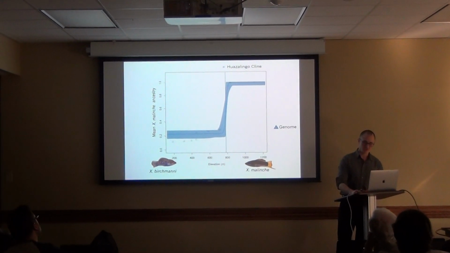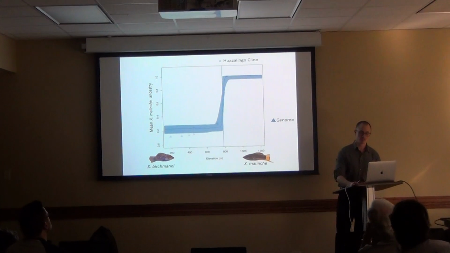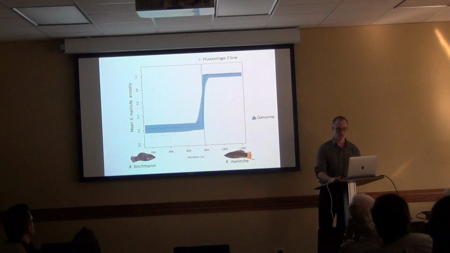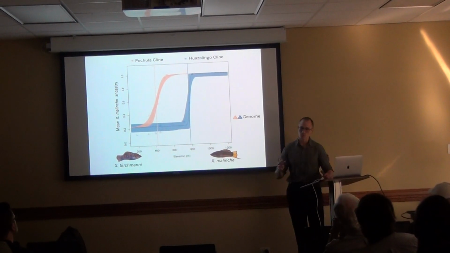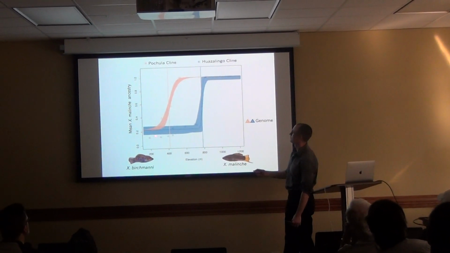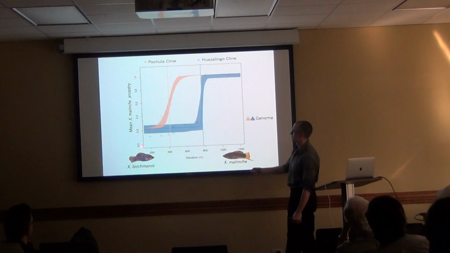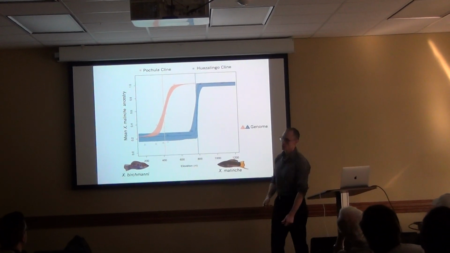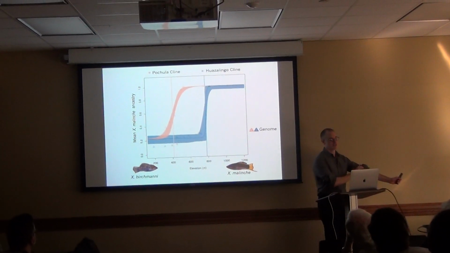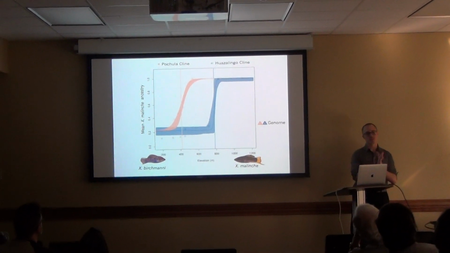And what's also shocking is if we compare the second stream, I have a replicate, so the other river. First thing, we are seeing the same pattern. It's a quick shift from Birchmanni ancestry to Malinche ancestry. But another shocking thing is that they are not matching the same elevation.